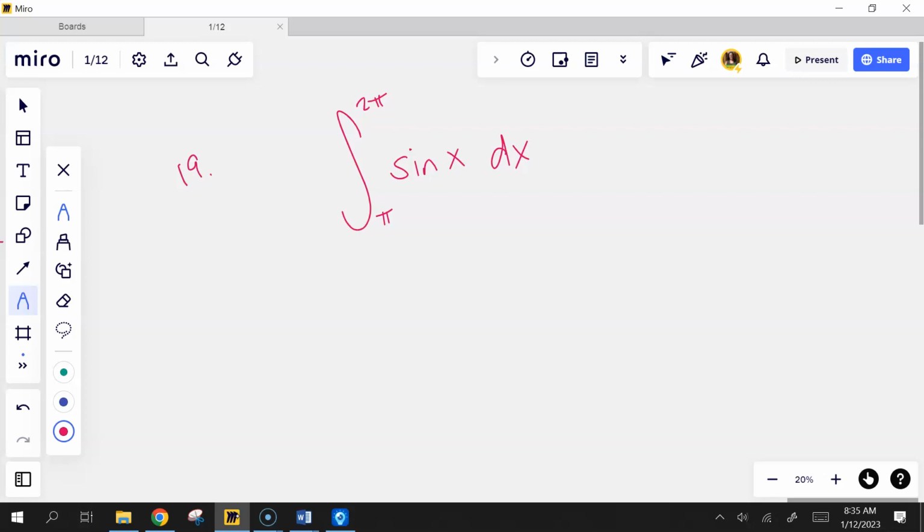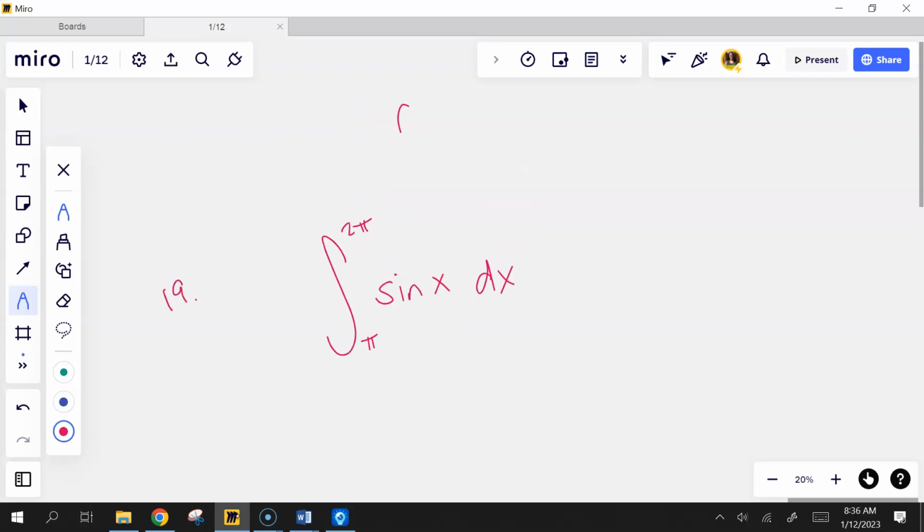What's the antiderivative of sine x? Careful when you answer it. Negative cosine x. That's exactly right. The derivative of sine is cosine, but the antiderivative of sine is negative cosine, right? Of course, plus c. I don't have to worry about that whenever I evaluate them.